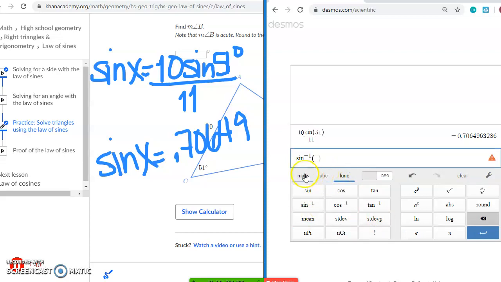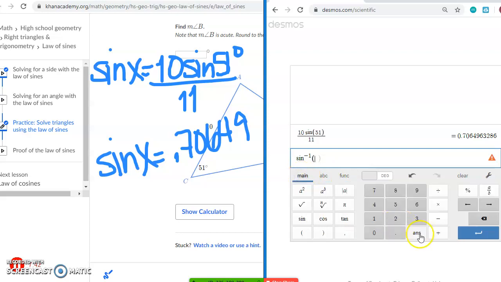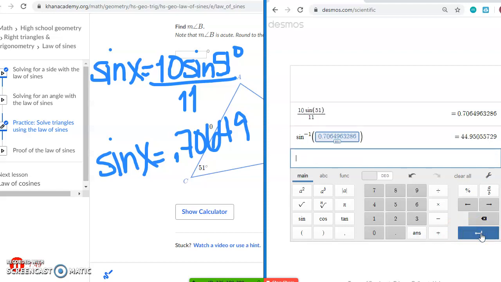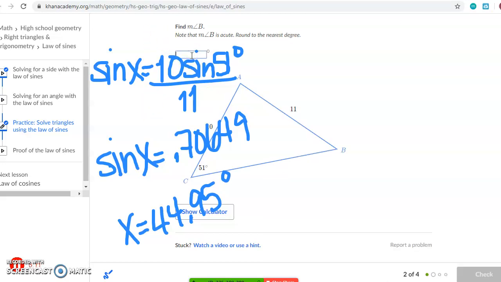We need to find the arcsine of 0.70649, and that gives us an angle that is 44.95 degrees. Okay, and now Khan Academy says that we need to put it in rounded to what? The nearest degree, so that's 45 degrees.